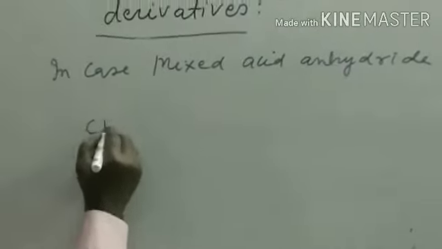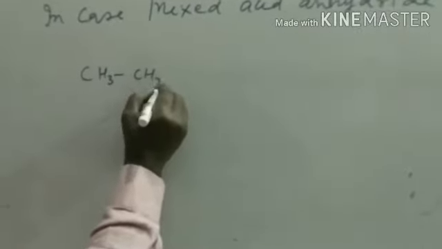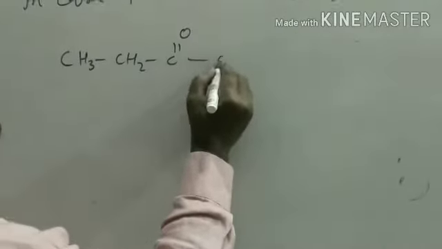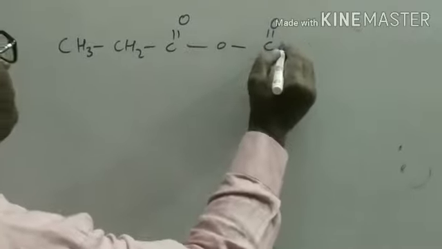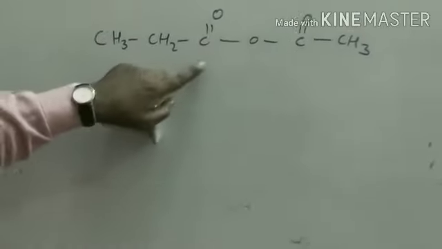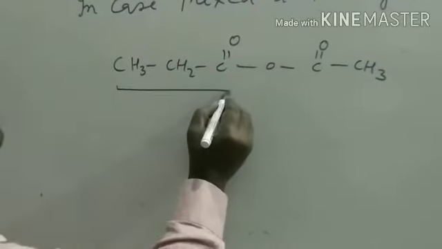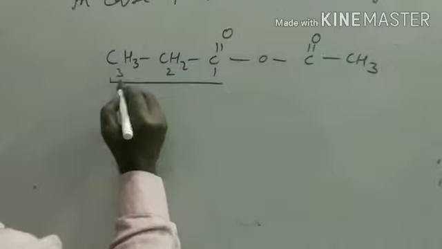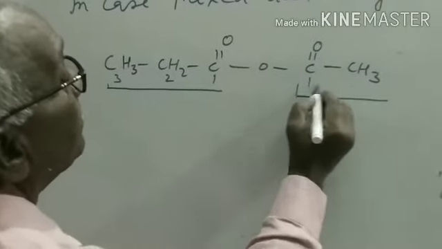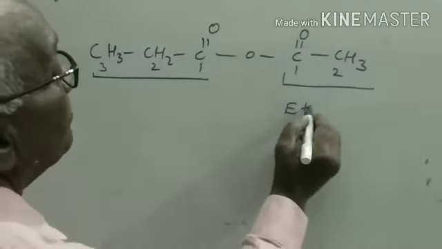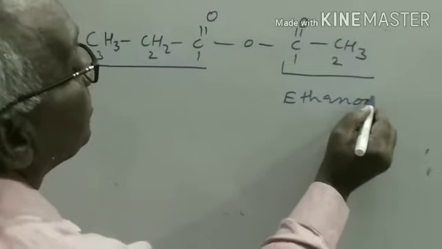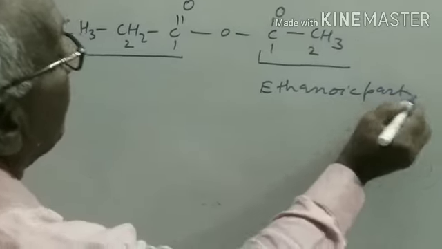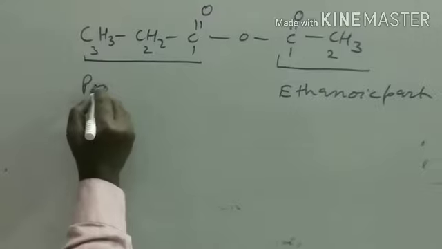Example is CH3 CH2 CO CH3 CO. This is propanoic acid and this is ethanoic acid. This part is 1, 2, 3 and this part is 1, 2. This is the ethanoic part. This is the propanoic part.